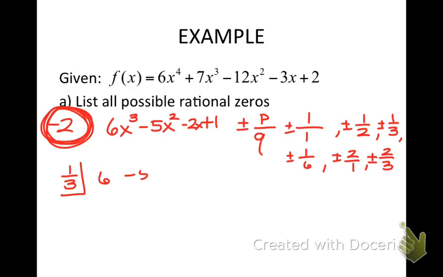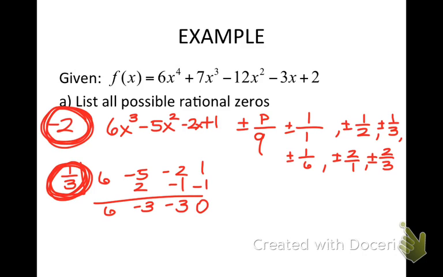So 6, negative 5, negative 2, and 1. 6 times 1/3 is 2. Negative 3 times 1/3 is negative 1. Negative 3. Ooh, nice. I like that. That gets us to 0, right? Okay, so there's another zero.